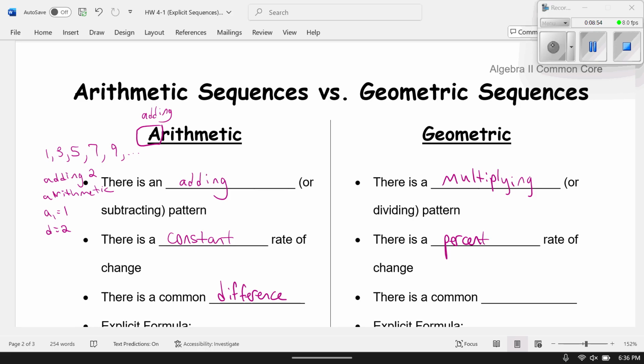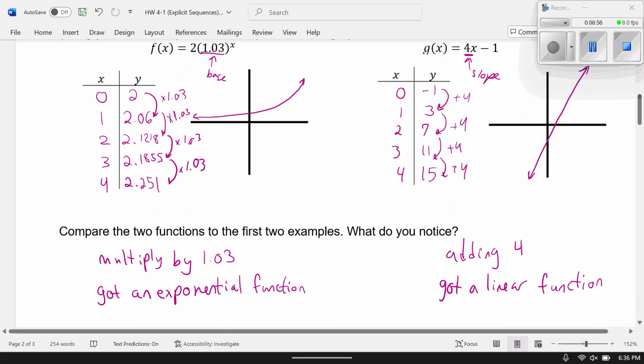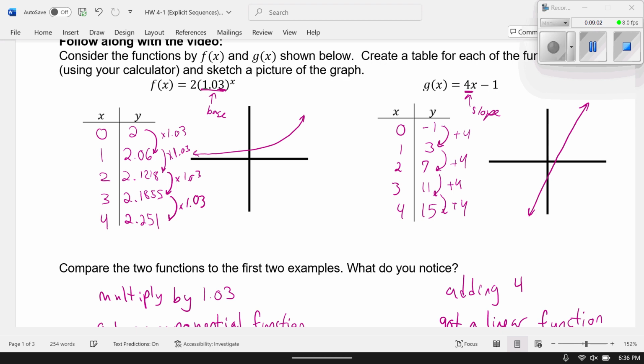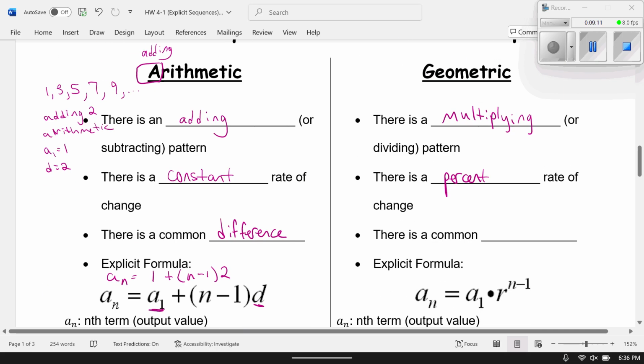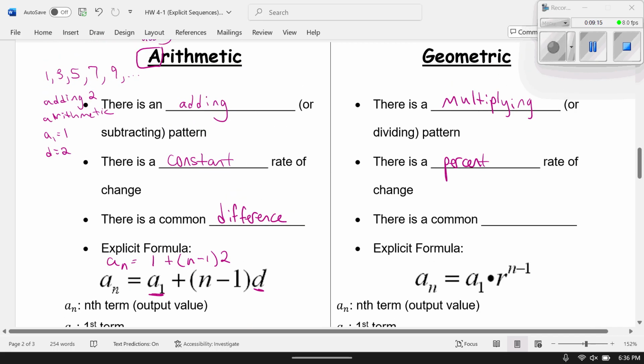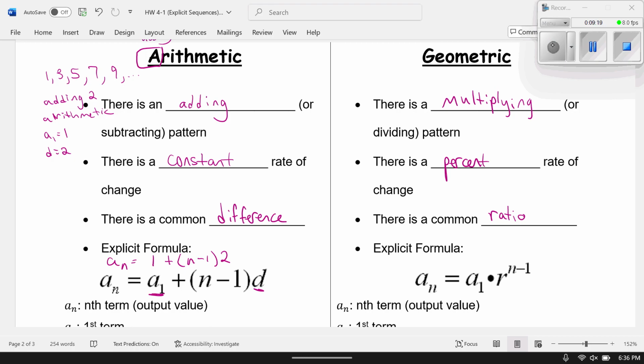Now, I know that's hard to see, but before, when you had 1.03, the percent was you're increasing by 3% each time. Now, when we're talking about geometric sequences, we have what we call a common ratio. The common ratio is the pattern.